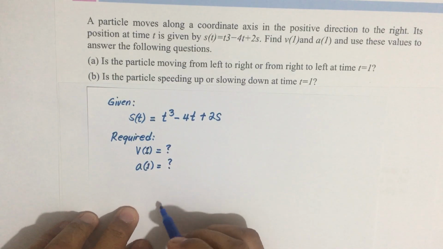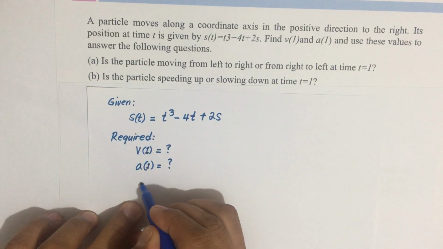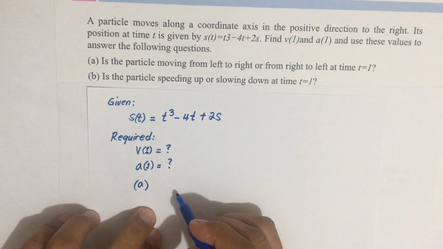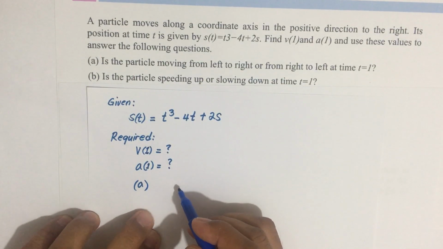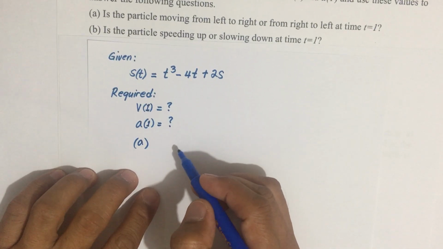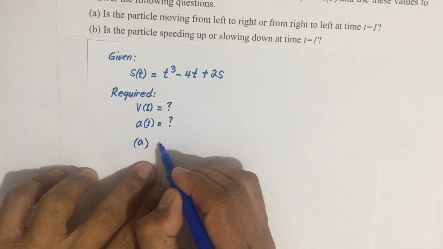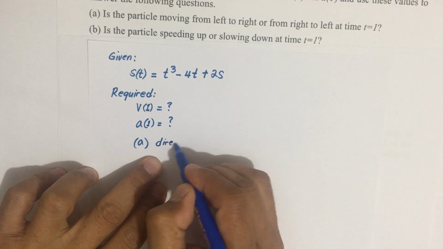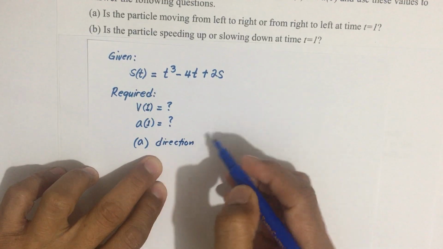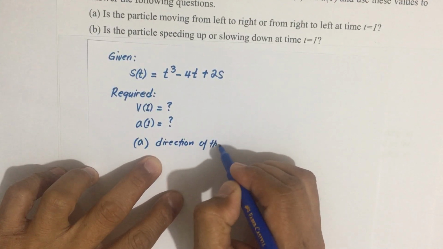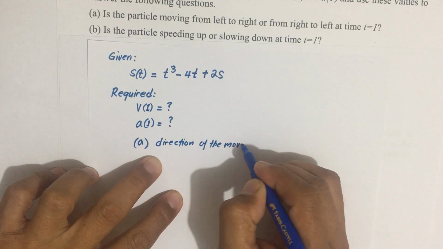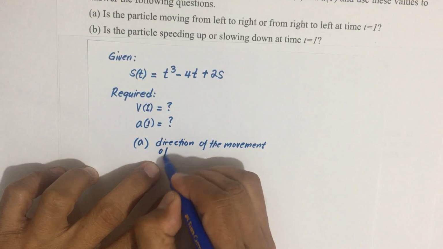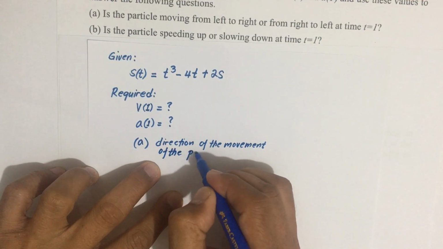And we are also asked the following question, class, that for letter A, is the particle moving from left to right or from right to left? So it means that we need to determine the direction of the movement of the particle.